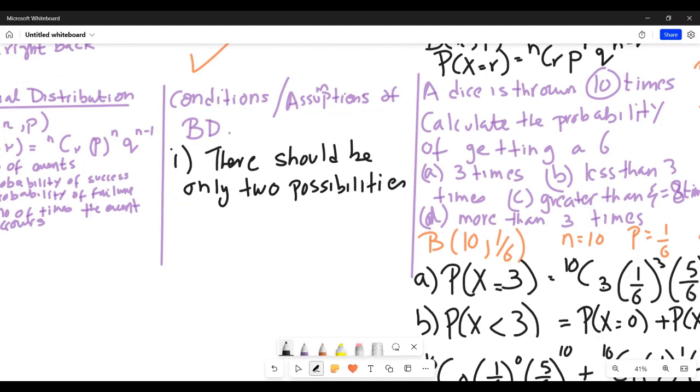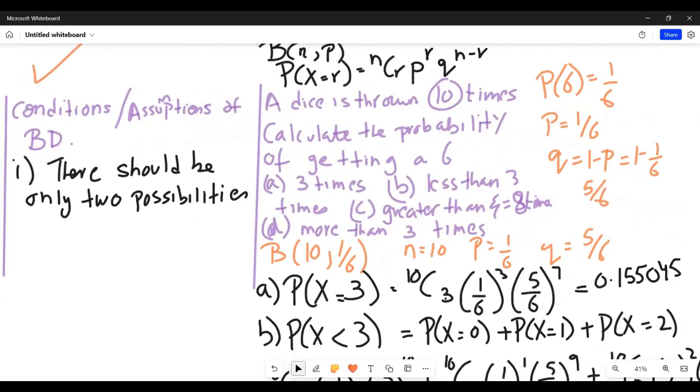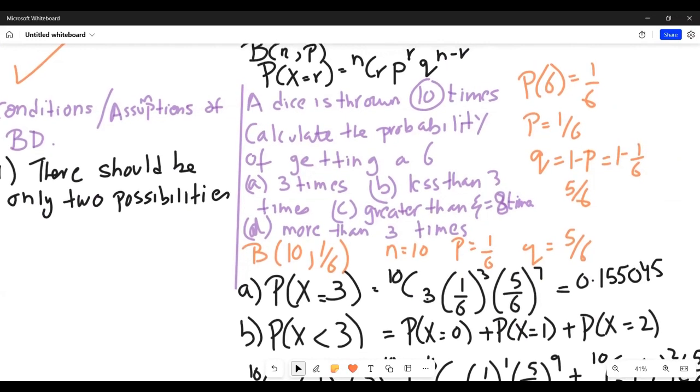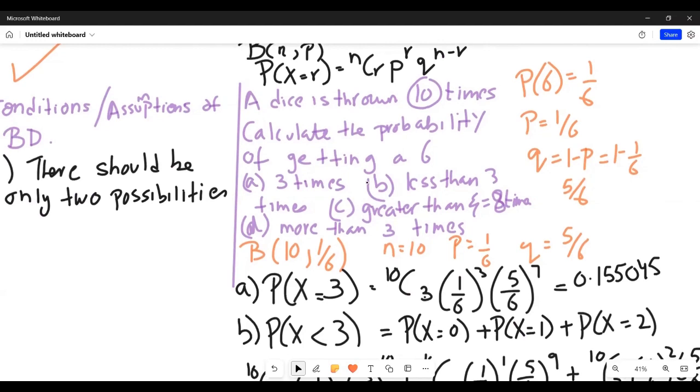What are the 2 possibilities here? Calculate the probability of getting a 6. So it was getting a 6 or not getting a 6, so it was 1 by 6 or 5 by 6.